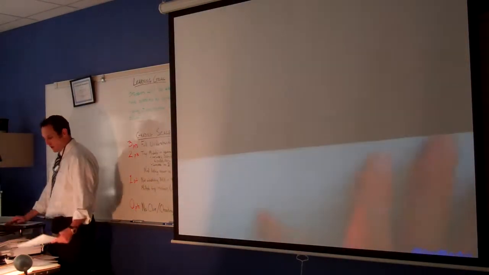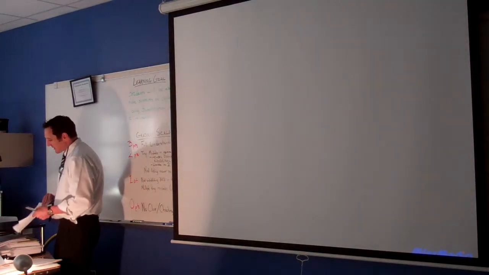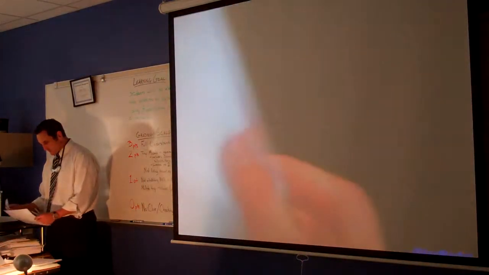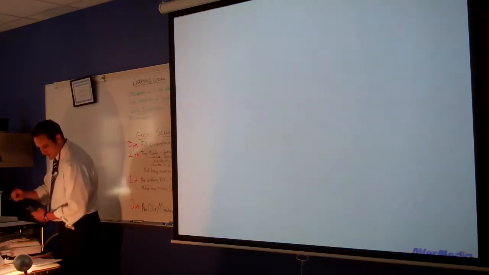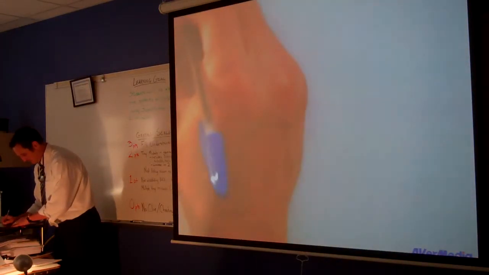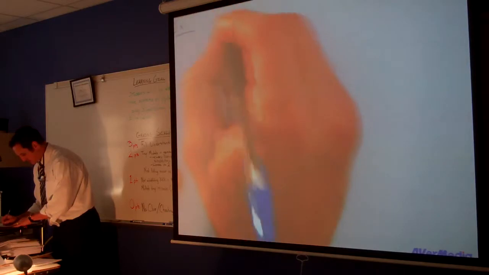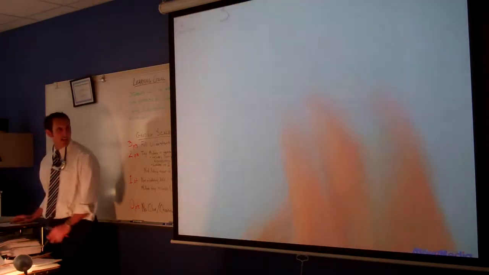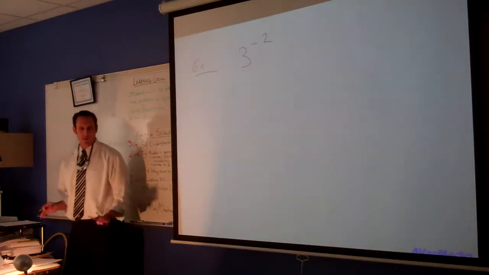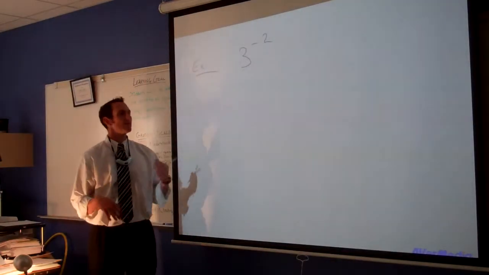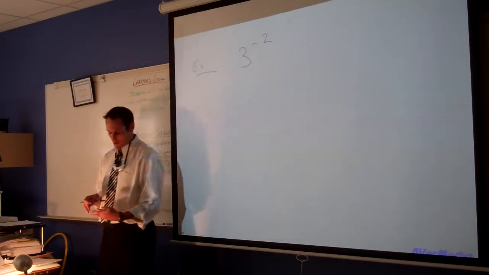So let's see that law in action. If I have an expression that starts pretty simply, 3 to the negative 2 power. I'm going to start with a simple expression. How do we simplify this monomial expression?